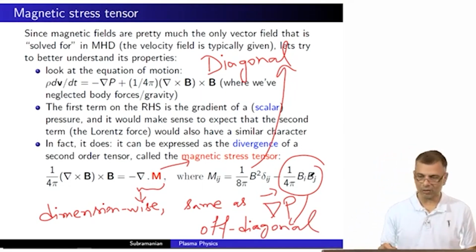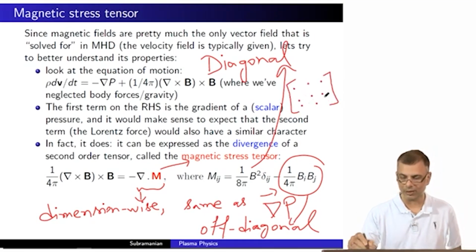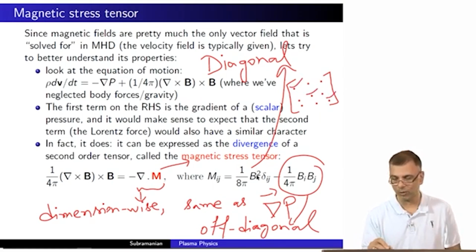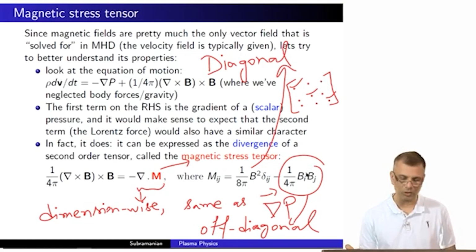Okay. So the stress tensor would essentially be a matrix like that, and the diagonal terms are given by 1 over 8 pi B squared, and the off diagonal terms would be given by B_i B_j, where suppose this is x, xx, xy, so the xy would be B_x B_y, and this would be xz, so there would be B_x B_z, and so on and so forth.